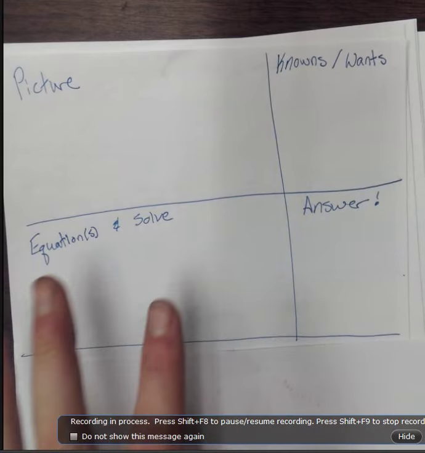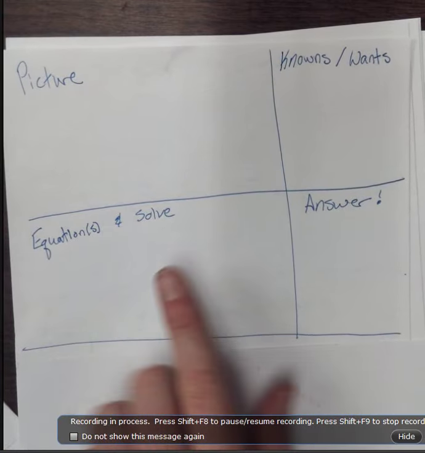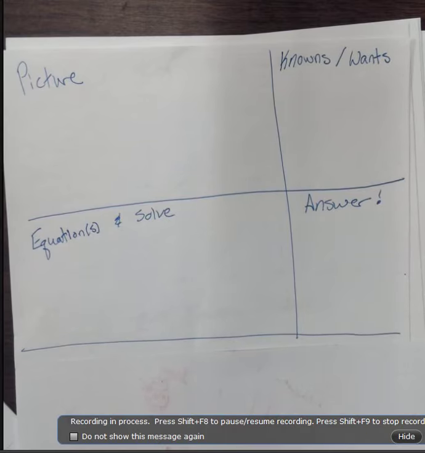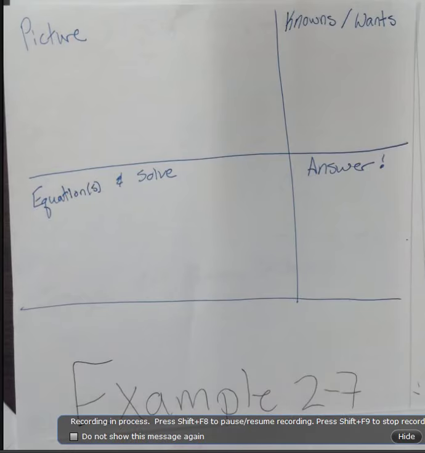You find your equation, you solve it, and make sure that your answer is highly visible with correct significant figures. So we're going to do example 2-7 to practice this format of problem solving. And believe me when I say that this format of organizing your work and taking up all of this space, you're not a tree hater, you're supporting the lumber industry, and you're making sure that you are successful in your problem solving.